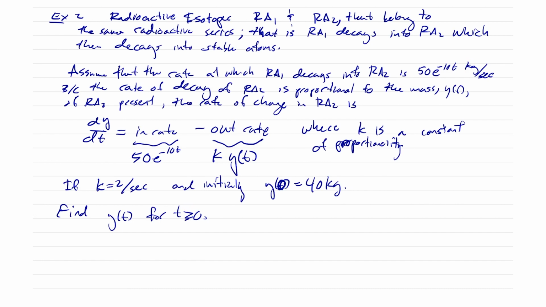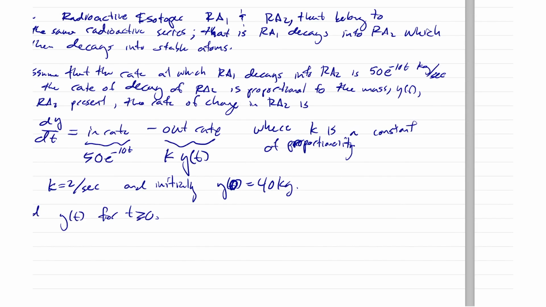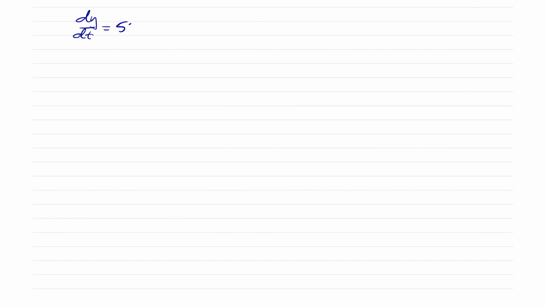Okay. All right, so that's a lot of stuff to say, but it really boils down to a pretty simple differential equation. So we have dy by dt is equal to 50 times e to the minus 10t minus 2 times y of t.